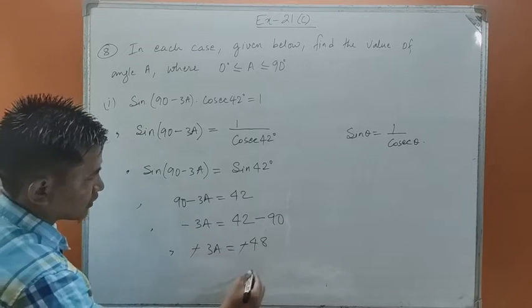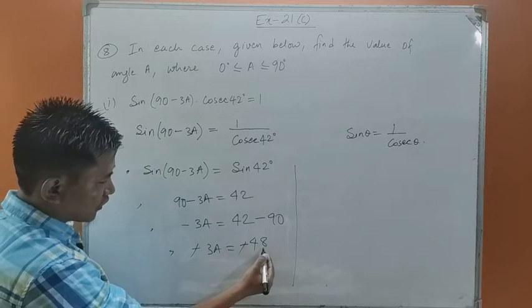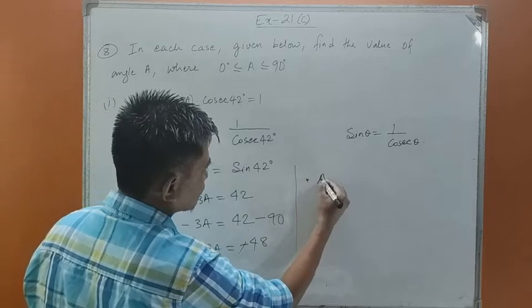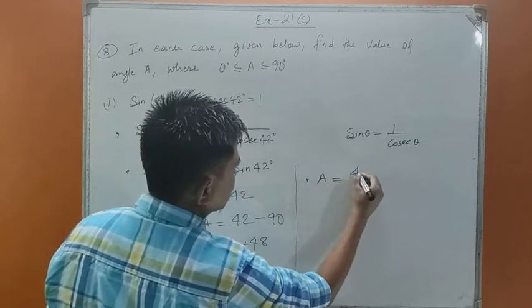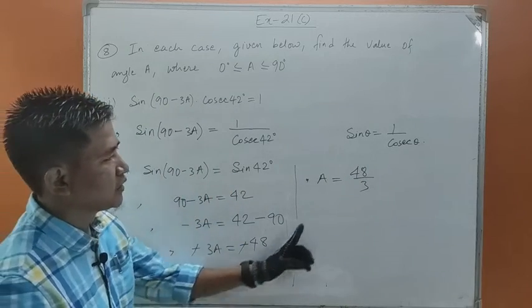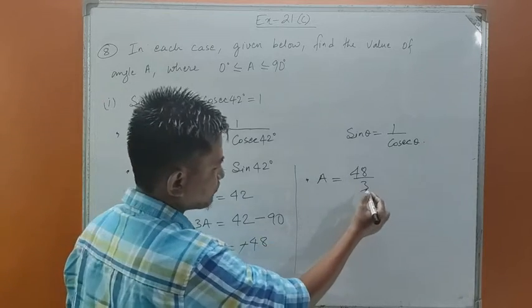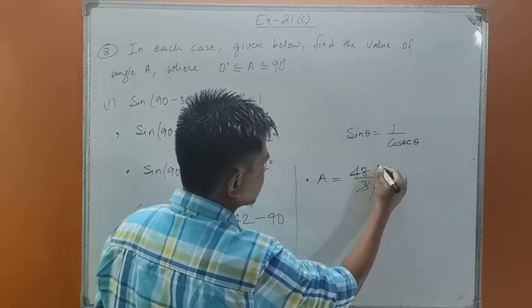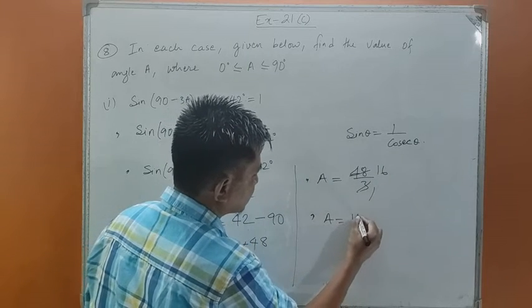Minus and minus can be cancelled. 3A equals 48, which means A equals 48 upon 3, the 3 going to the denominator on the right hand side. 3 ones are 3, 3 sixteens are 48. Or A equals 16 degree.